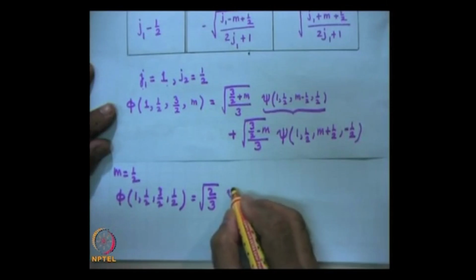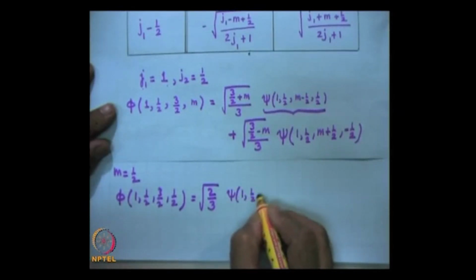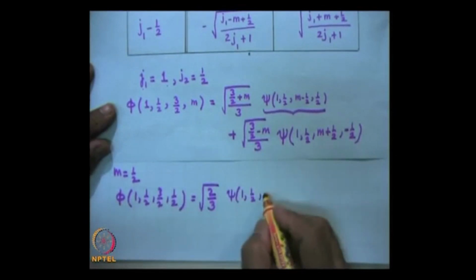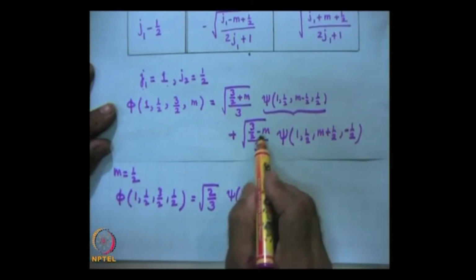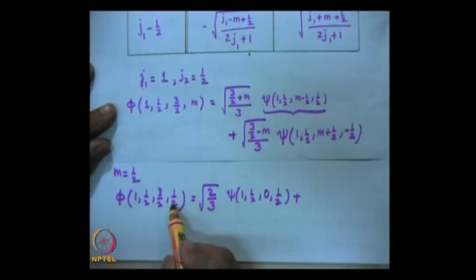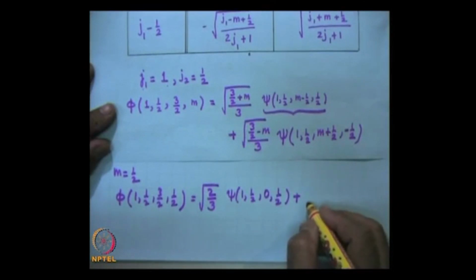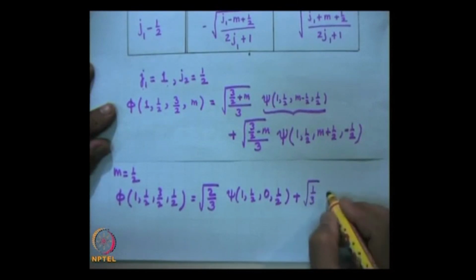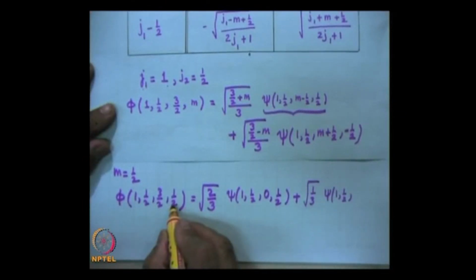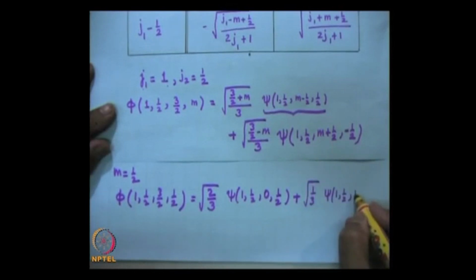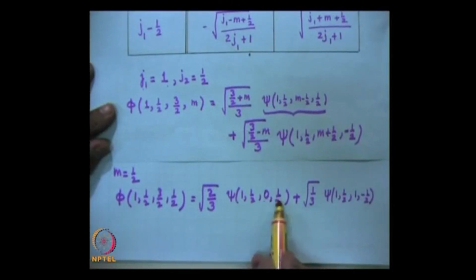So, psi 1 comma half, m minus half, m is half. So, this is 0 half plus 3 by 2 minus m, m is half. So, 3 by 2 minus half is 1 under root of 1 by 3, these are automatically normalized, psi 1 comma half, m is half, so half plus half is 1 minus half. So, always remember that 0 plus half is half, 1 minus half is half.